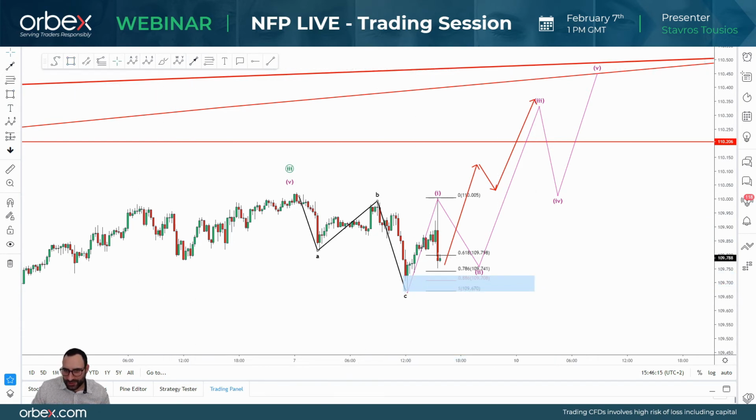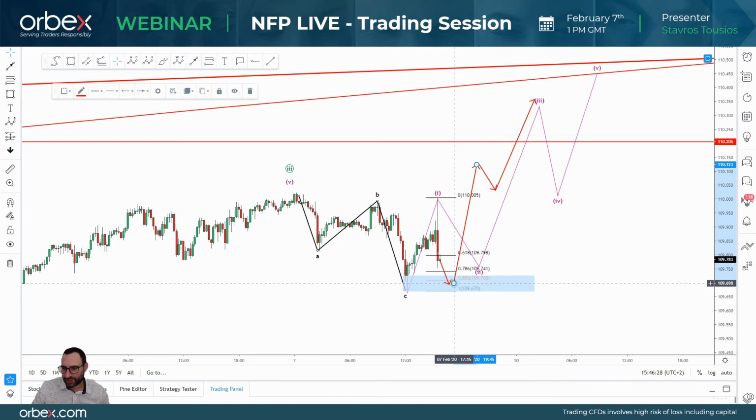Any move to the downside above the 109.67, above that level, is still and can still be considered a simple correction that is going to extend to wave 3, then 4 and 5, okay?